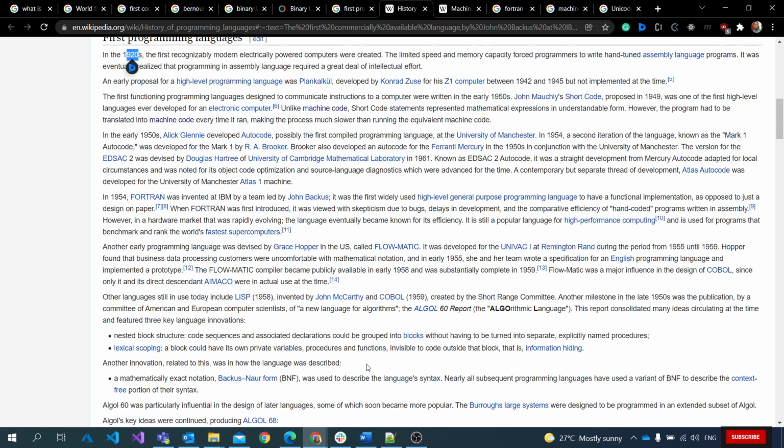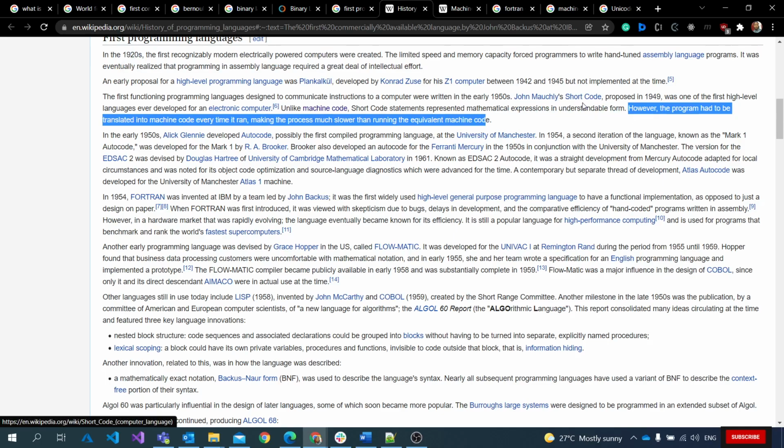Then, let me see this. Yeah, you see, this is what I was getting to with Short Code. Short Code was a language developed in the early 50s. It was proposed in 1949. This language was above the assembly language.